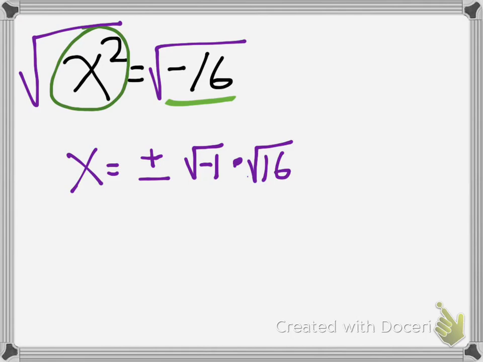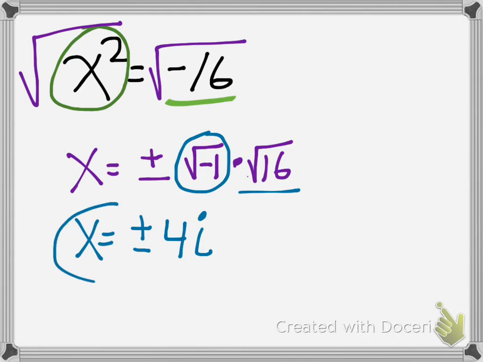We should know that the square root of negative 1 is equal to i. We pull out the imaginary term right now. The square root of 16, everyone should know that's 4, plus or minus, and we're all done. x equals plus and minus 4i. Easy example to start.